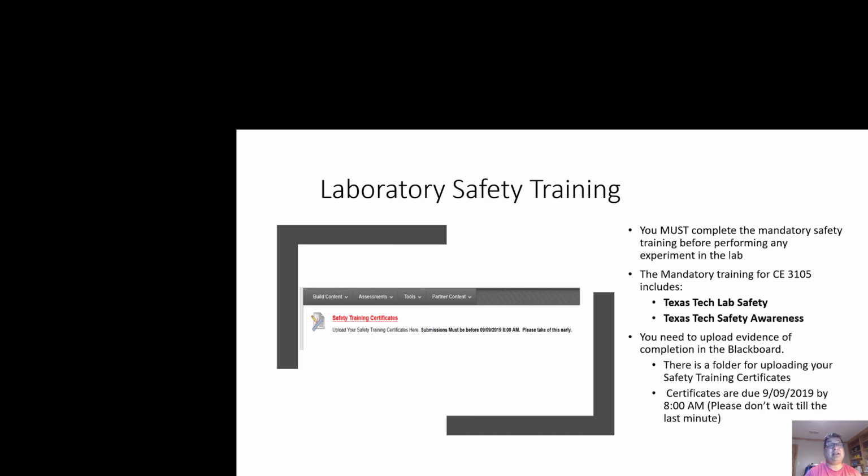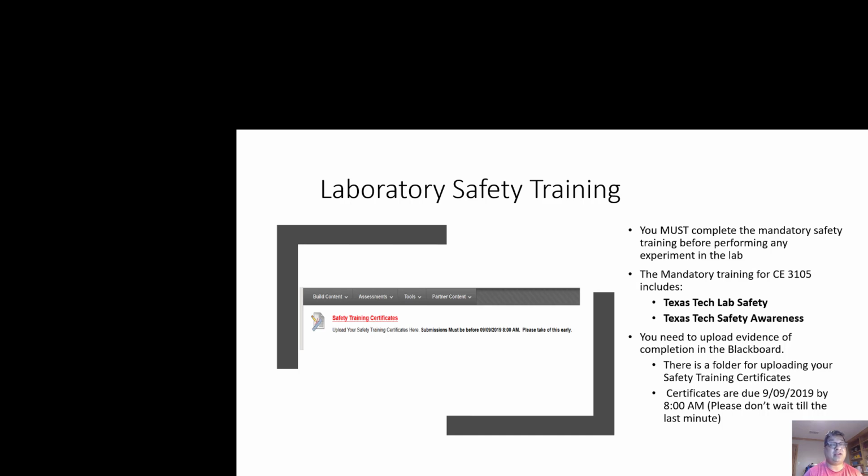Laboratory training: you have to complete 2 modules of laboratory training. This is the Texas Tech Lab Safety and Texas Tech Safety Awareness. You must complete this training before performing any experiments in the lab. By the time you get into the lab and begin your experiment, which is week 3 of your class, you need to make sure that you have completed all mandatory training.